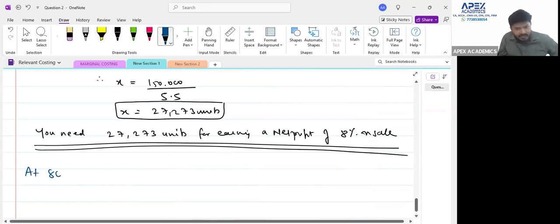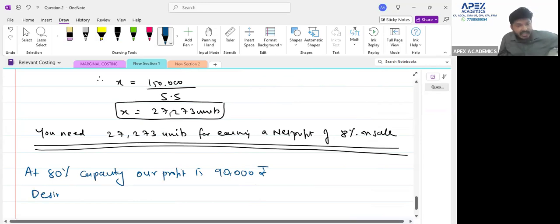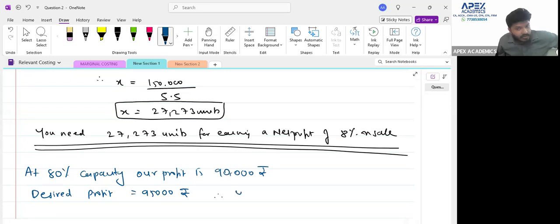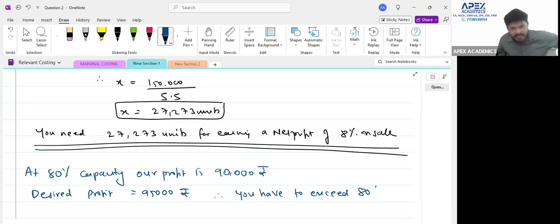At 80% capacity, our profit is 90,000 rupees. Yes or no? Please tell me that. So you need the desired profit of 95,000. Now desired profit is equal to 95,000 rupees. This means that therefore you have to exceed 80% capacity. Yes or no?